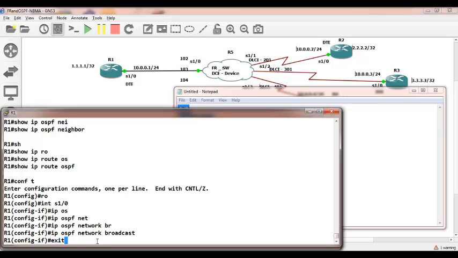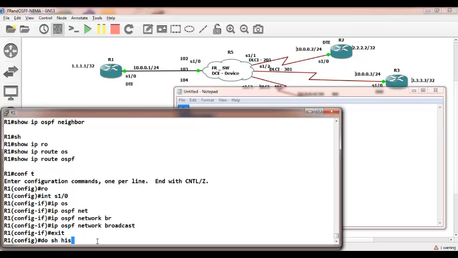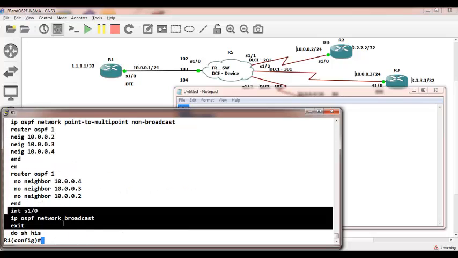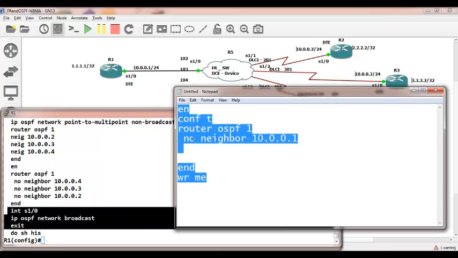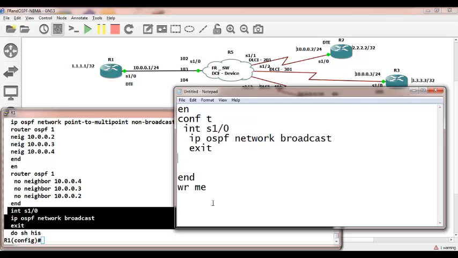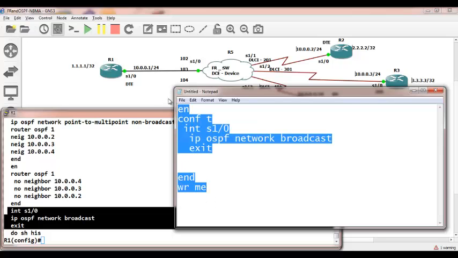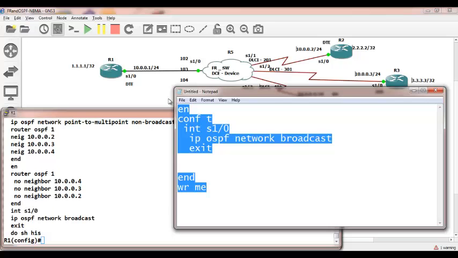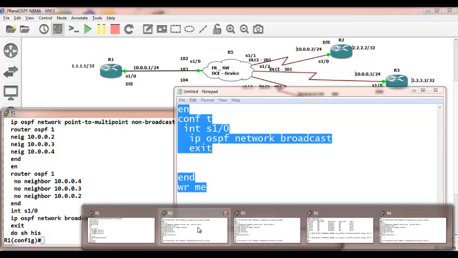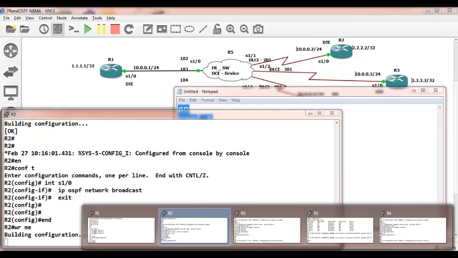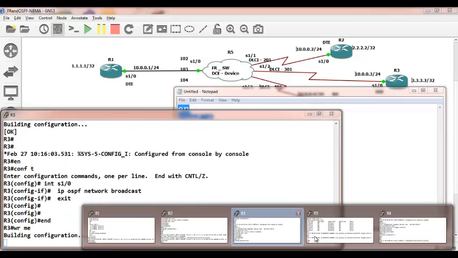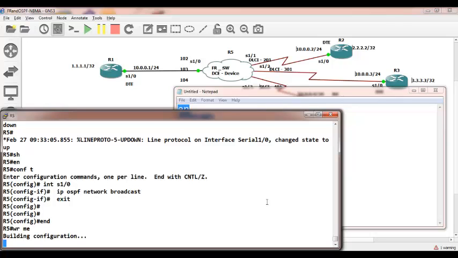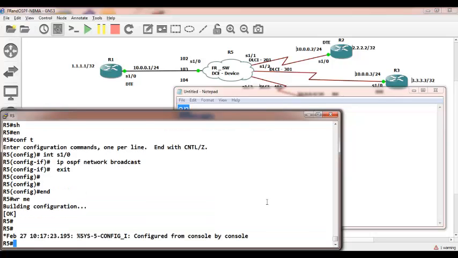I need to put this on all the routers, so I'll copy this. Router 2, router 3. The neighbors will come up immediately because broadcast will discover the neighbor dynamically, and there will be a DR BDR, and the timer will be 10 and 40. That's what you're going to see now.